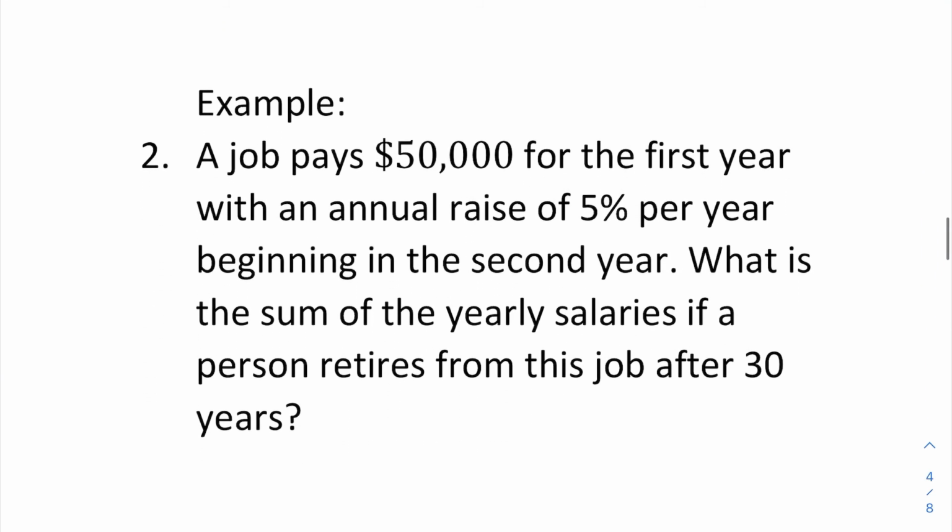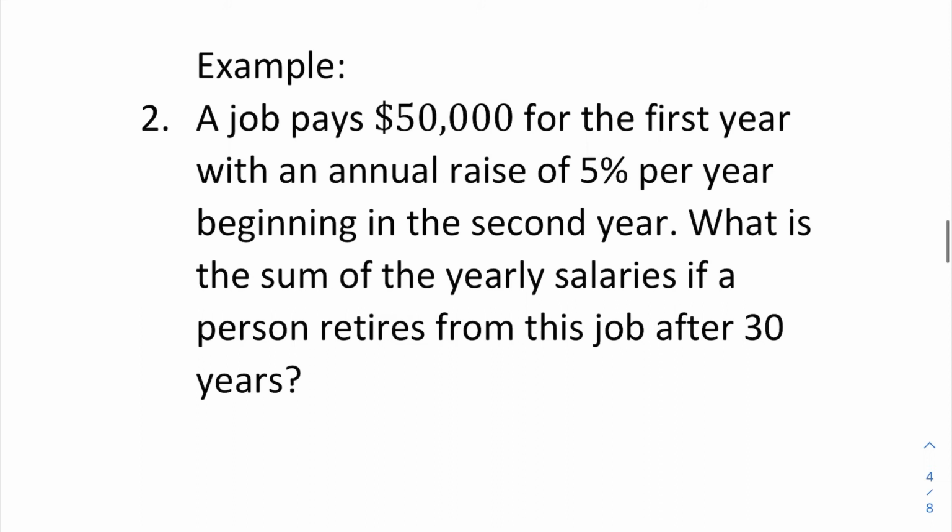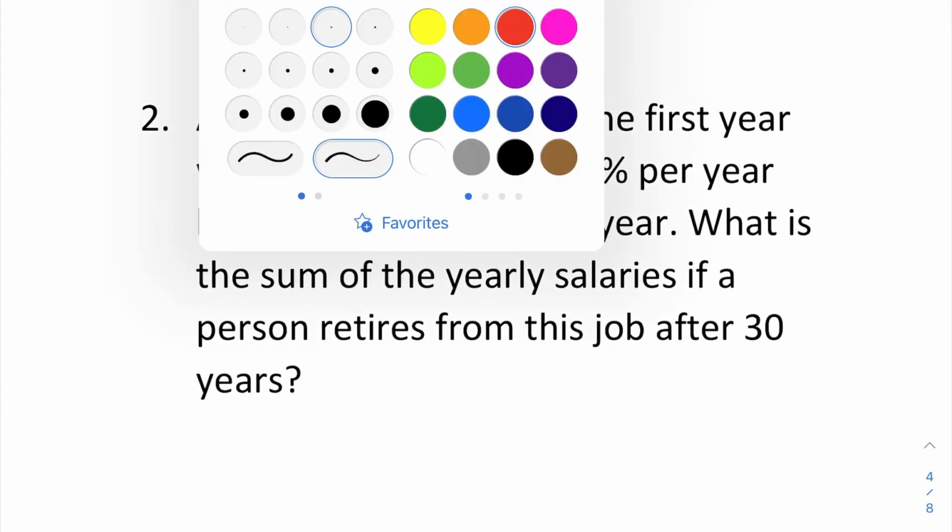Here's a second example. A job pays $50,000 for the first year with an annual raise of 5% per year beginning in the second year. What is the sum of the yearly salaries if a person retires from this job after 30 years? All right, so that's actually also pretty straightforward.